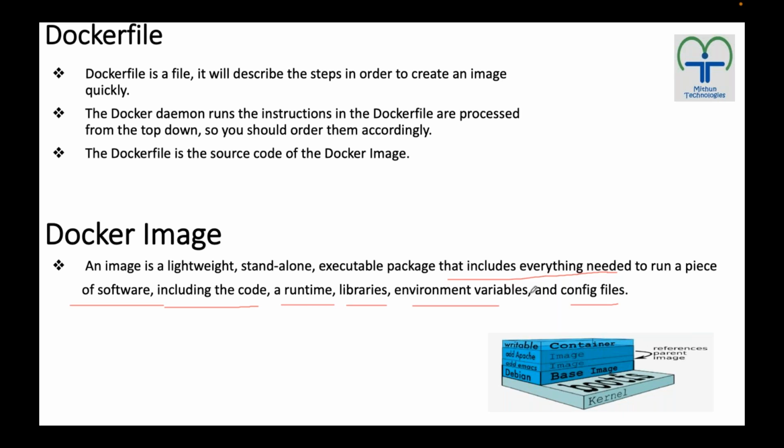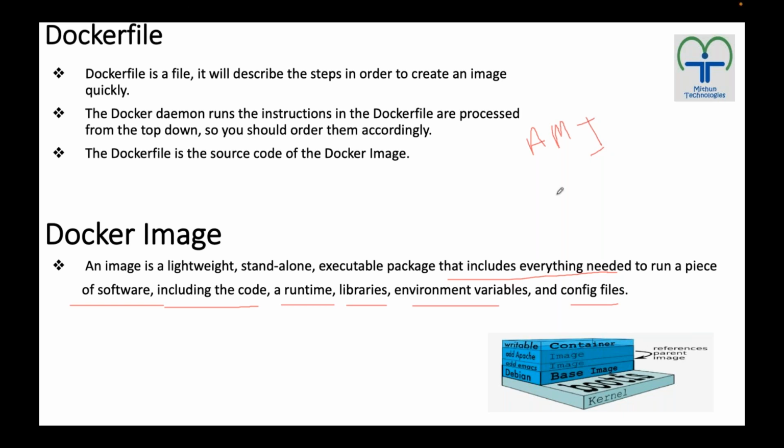Docker image. In AWS, we have an AMI. Just to give an example, in AWS you have an AMI. What is the full form of AMI? Amazon Machine Image, right? So when I discussed AWS also, I told AMI.